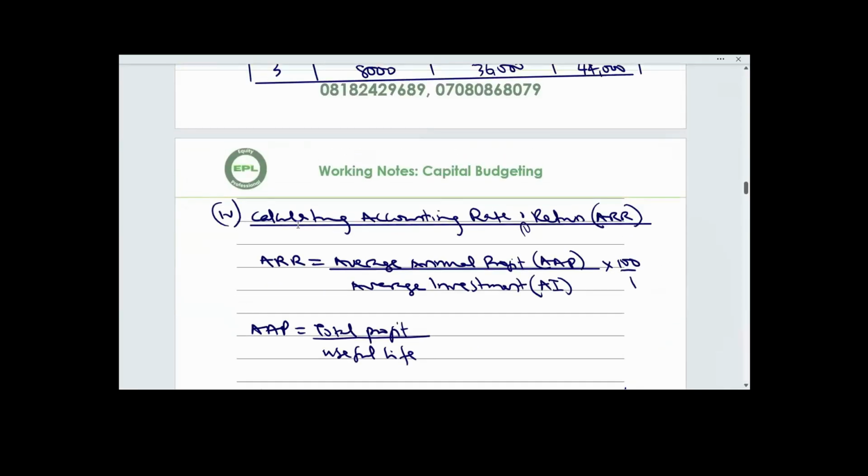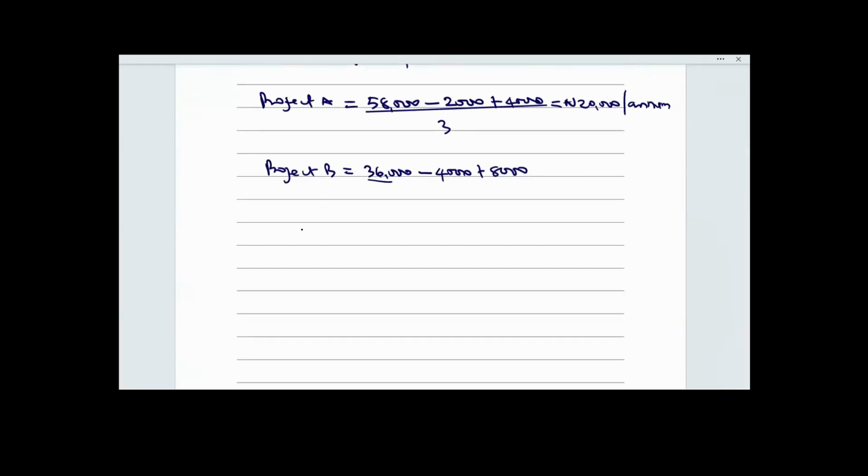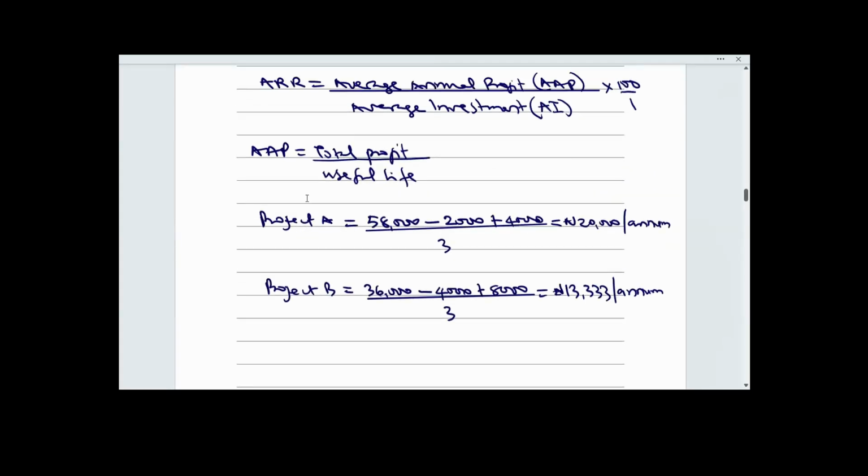So this will give us 40,000 naira, then you divide it by 3. That's 13.33, so 13,333 per annum. Okay, so that's the average annual profits for project B.